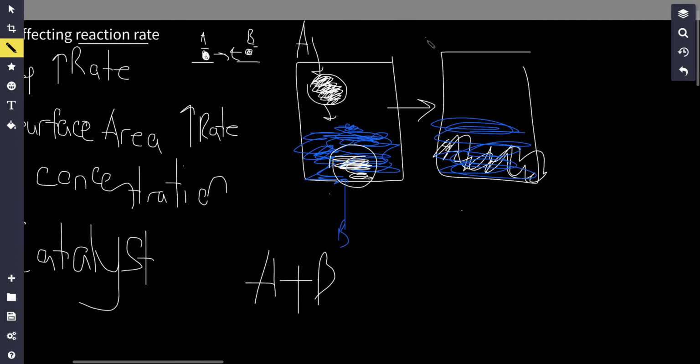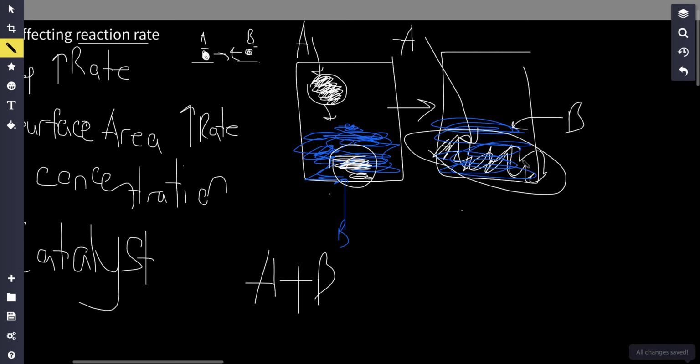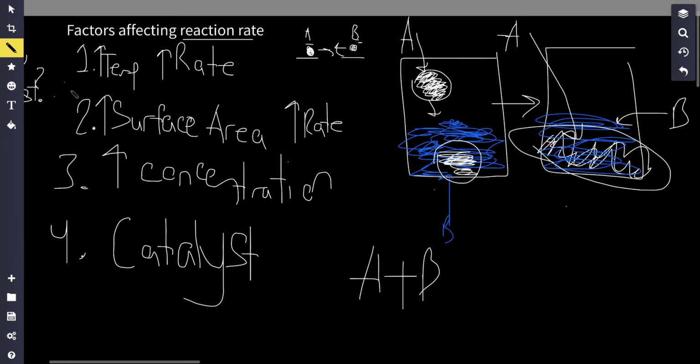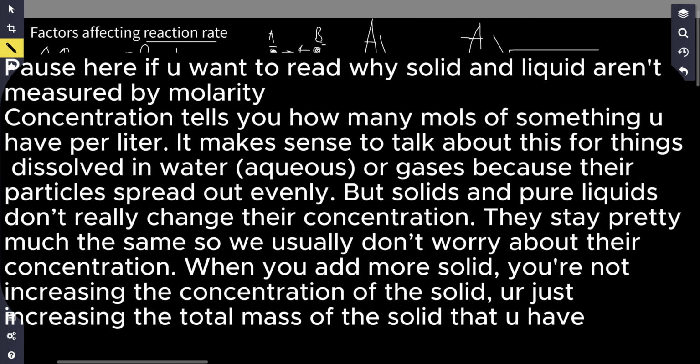However, if I drop A into B, and A is more spread out, right? Notice how I stretched out A a little bit. I stretched out this solid. So what happens is that this solid now has more surface area, and therefore this reaction can take place essentially anywhere in this container. So increasing my surface area increases the rate of my reaction, because now the reaction is not just limited to one area, right?